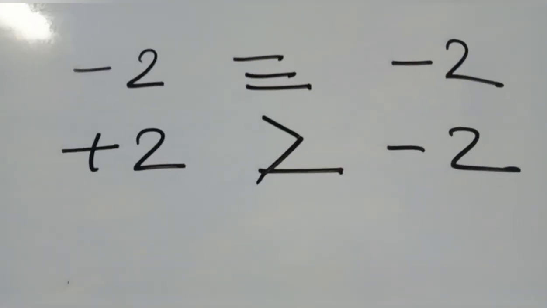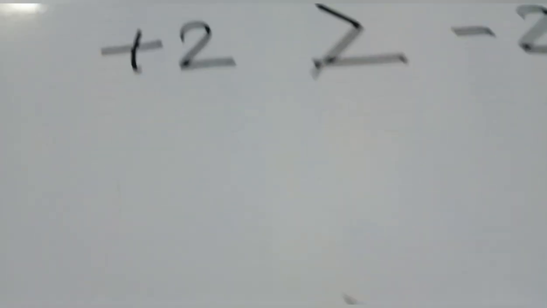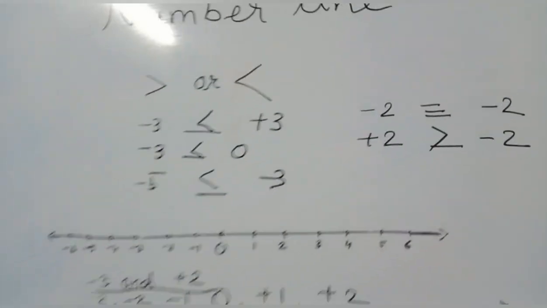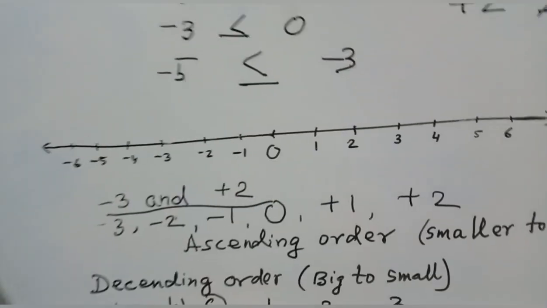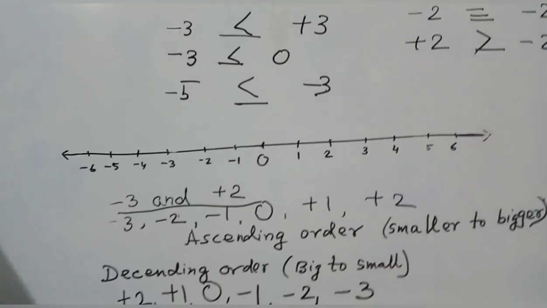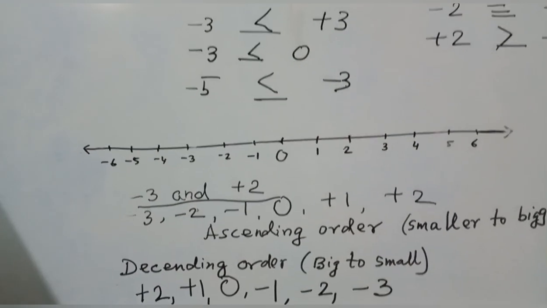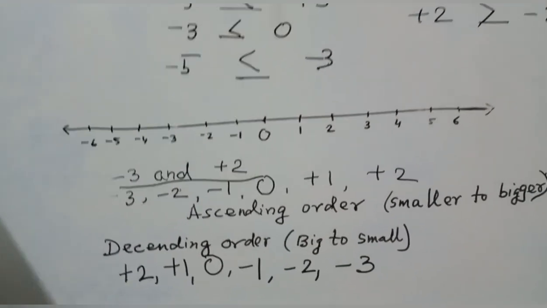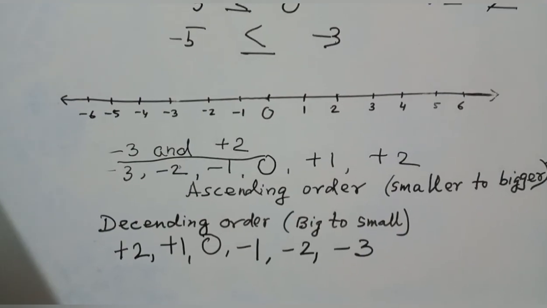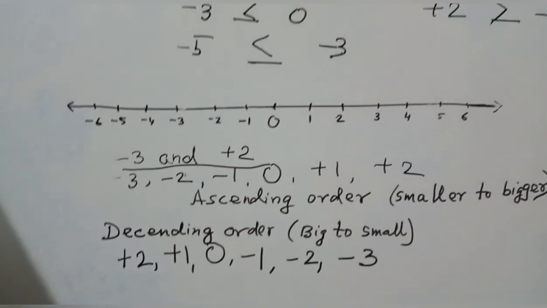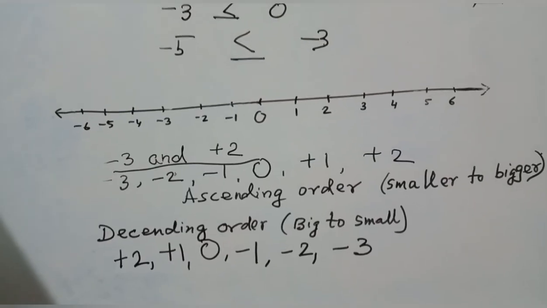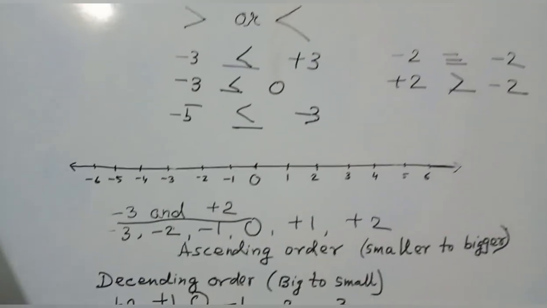Clear, everyone? This is the concept of number line. This is the number line. 0 to right hand side, positive numbers. 0 to left hand side, negative numbers. As we go to negative numbers, its value decreases. As we go to positive numbers on the right hand side, its value increases.